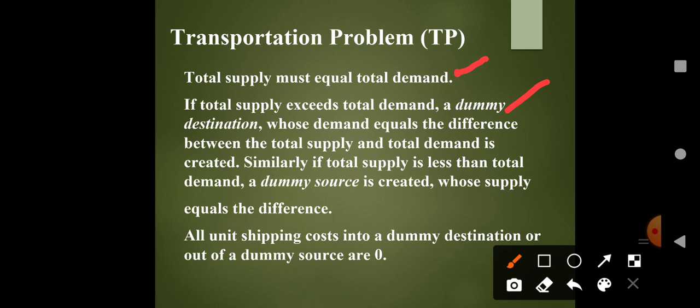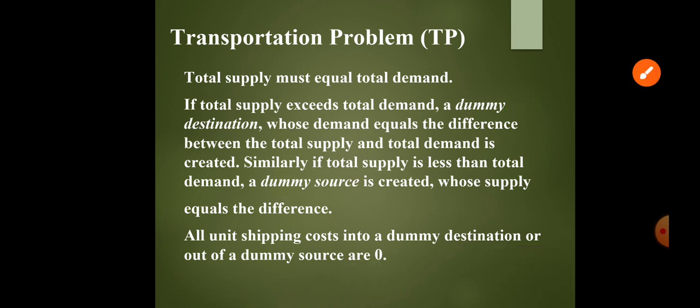Similarly, if total supply is less than total demand, a dummy source is created whose supply equals the difference. A unit shipping cost into a dummy destination or out of a dummy source is 0.